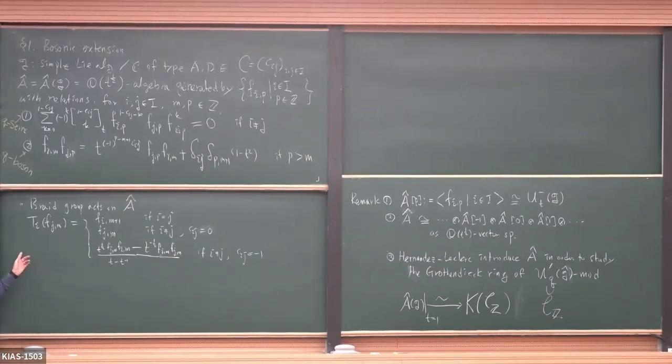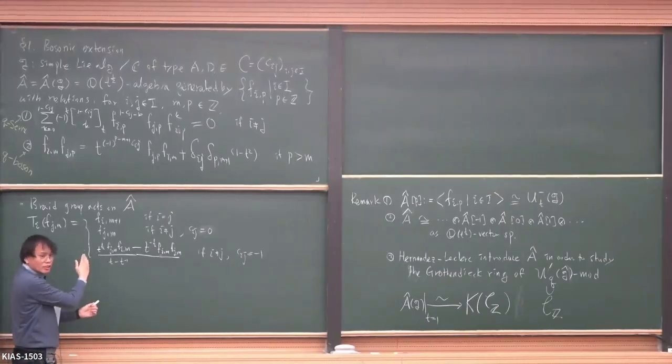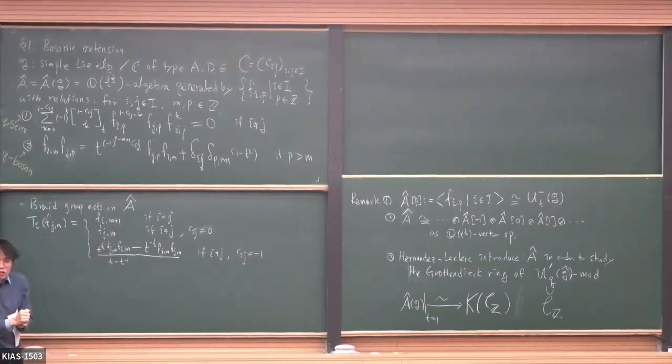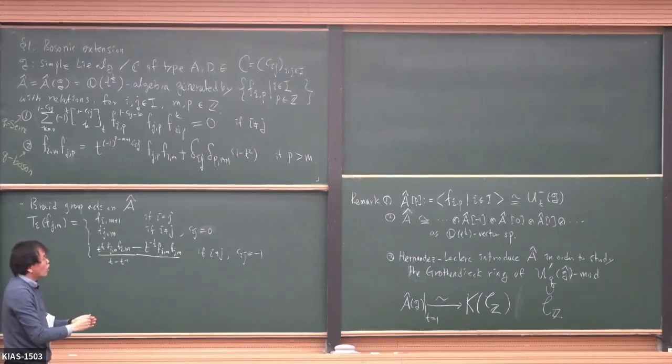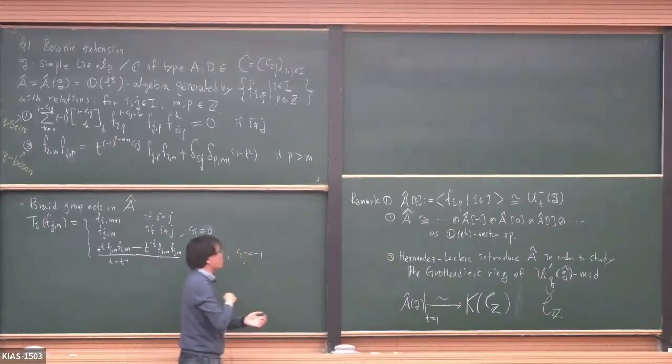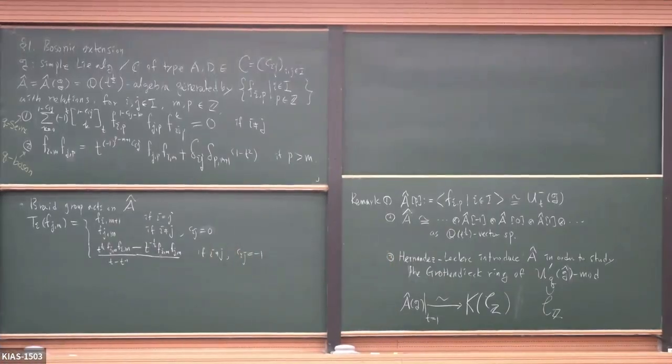Actually this T_i is the same thing as in Ivan's talk yesterday, where he was talking about the Lusztig braid symmetry on the quantum groups. Lusztig braid symmetry is an automorphism of the whole quantum group, actually. If you restrict the Lusztig symmetry to the half of quantum groups, then you will get the same formula. And by the first formula, we can extend it to the infinite tensor product of half of quantum groups, so we have an automorphism on A hat.